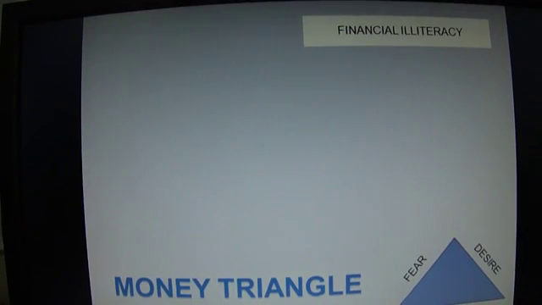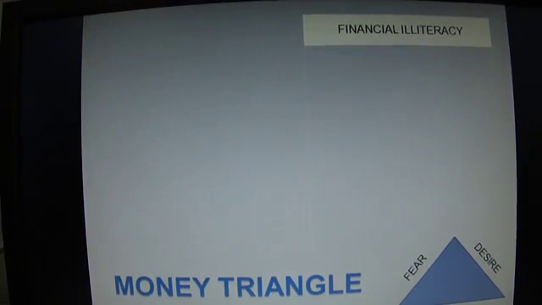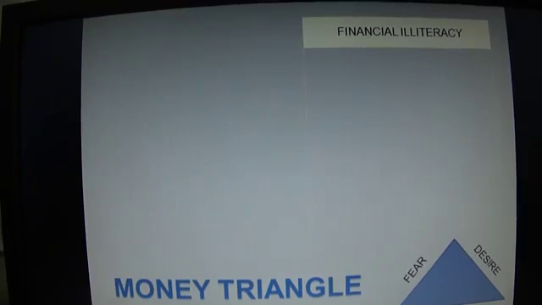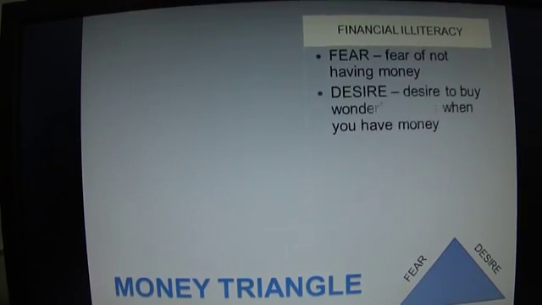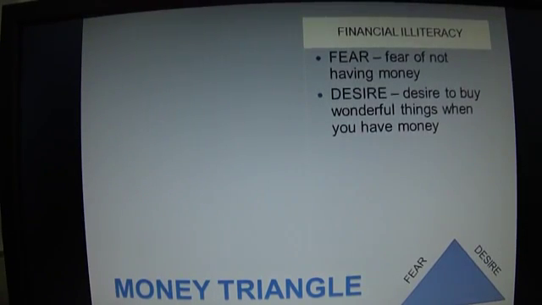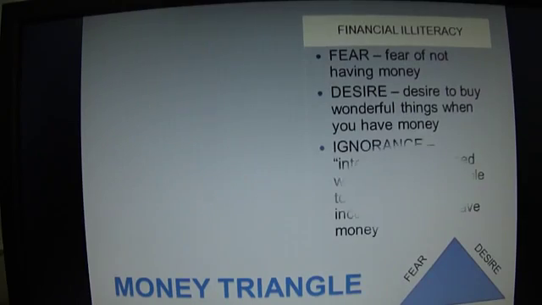The three sides are fear, desire, and what we call ignorance. If you possess all three emotions, you will fall under financial illiteracy. Fear, fear of not having money. Desire, that is the desire to buy wonderful things when you have money.